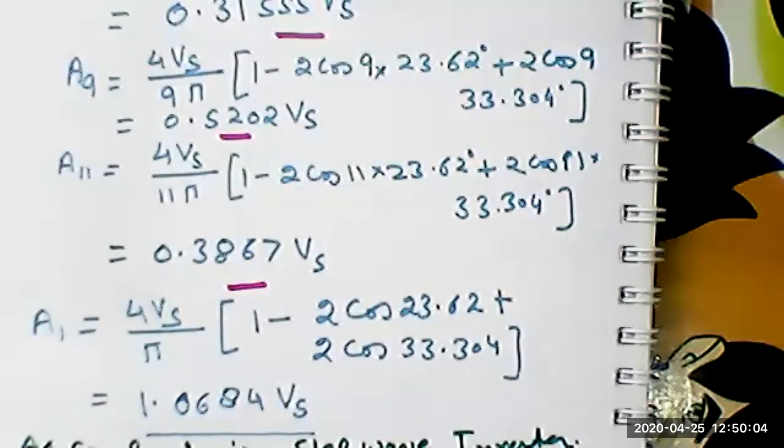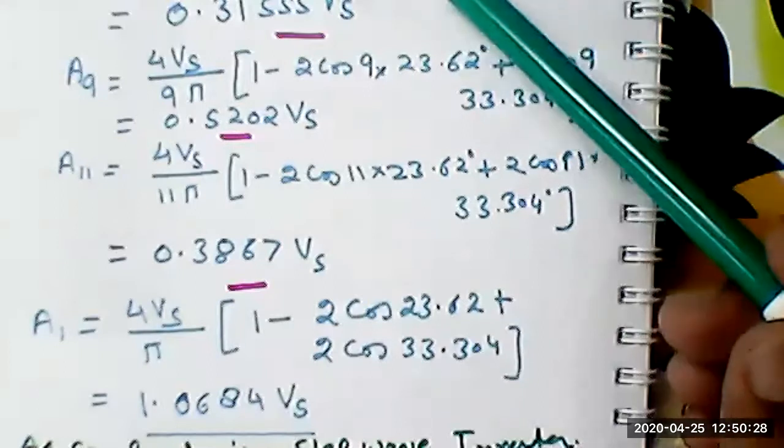If you remember, in the previous assignment, we had one problem where third, fifth, and seventh harmonics are to be eliminated. Sine 3 alpha 1 plus 5 alpha 2 plus something like that was given, and you have to find out the value of alpha 1, alpha 2, and alpha 3. It is very difficult to find out these values.